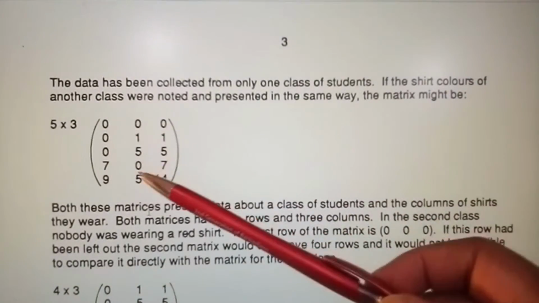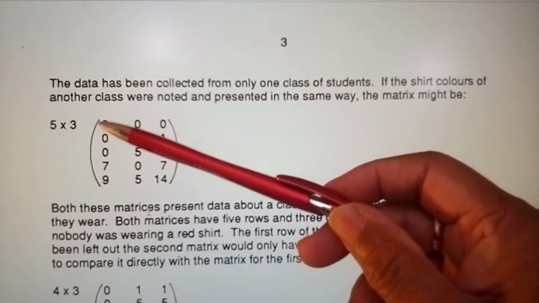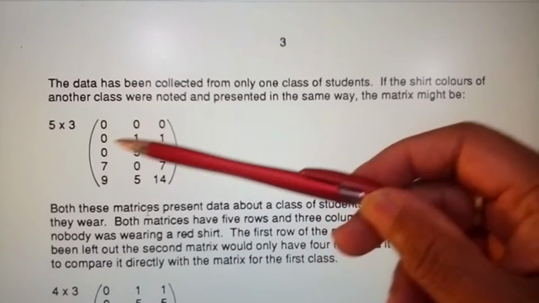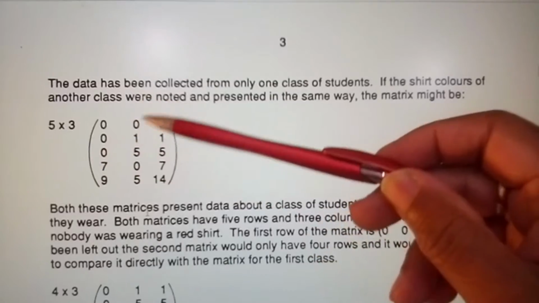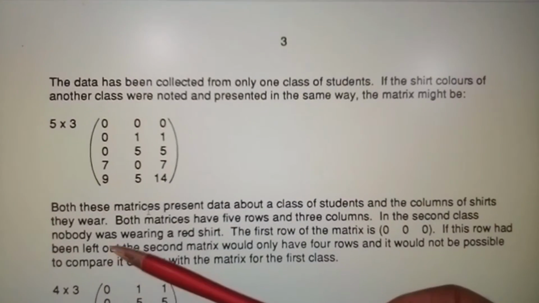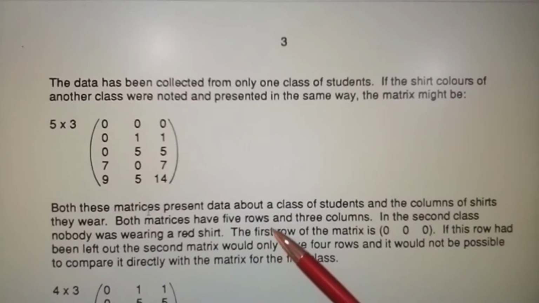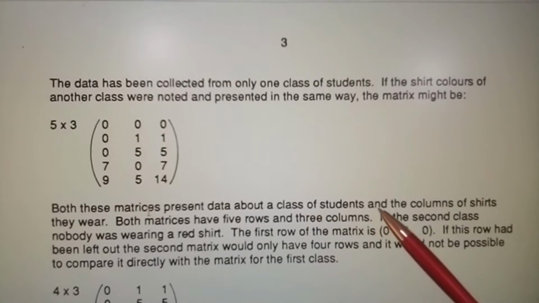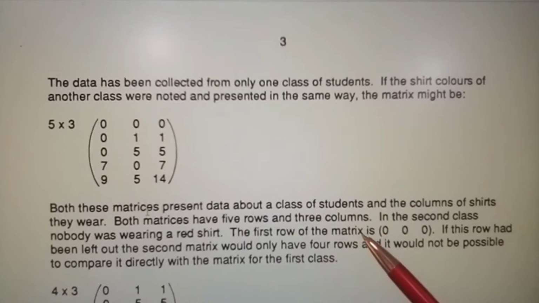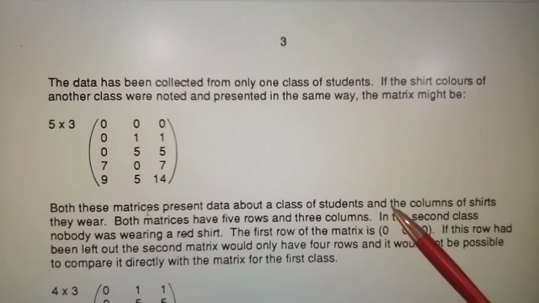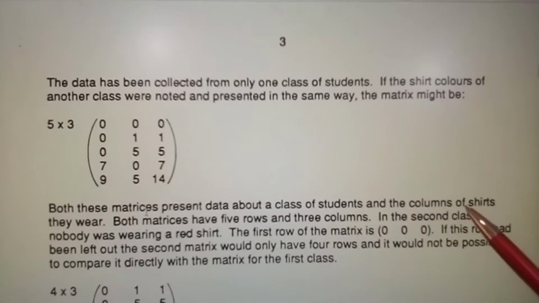And here's your 5 rows, 1, 2, 3, 4, 5 rows by 3 columns. Both these matrices present data about a class of students and the colors of shirts they wear.